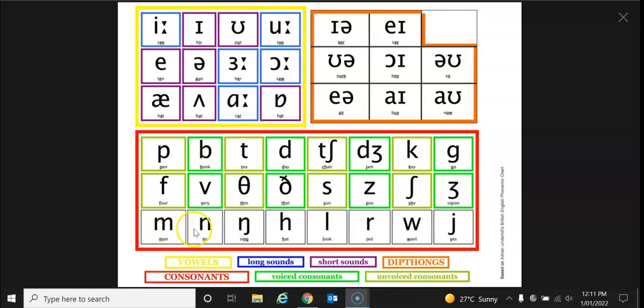The last row are not pairs. They're all voiced except for one of them. This one here is m, as in man. N, as in no. The next one, you open your mouth a bit further and it's ng, as in sing. This one is unvoiced and it's h, as in hat.